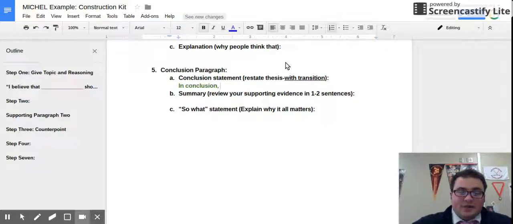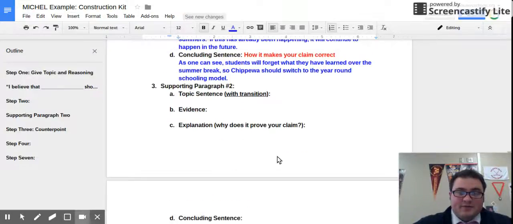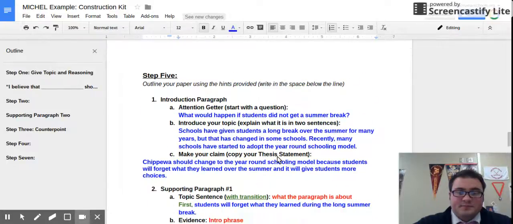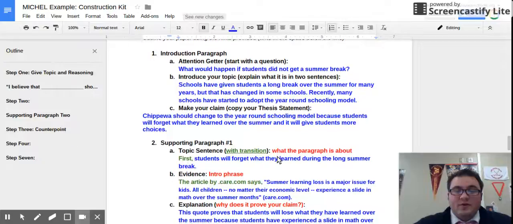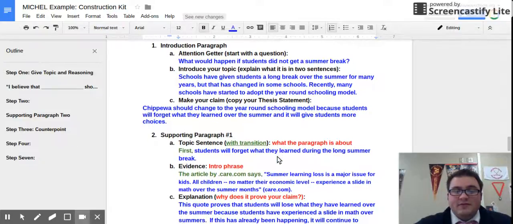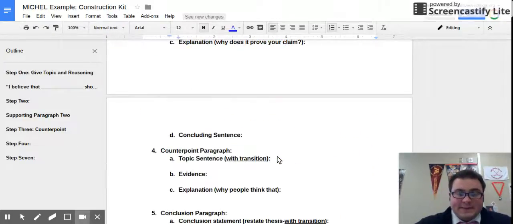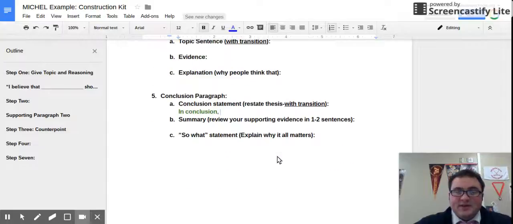So my thesis, if I look at the top, Chippewa should change the year-round schooling model because students will forget what they learned over the summer, and it will give students more choices. Okay? I want to say that same thing, just in a different way.